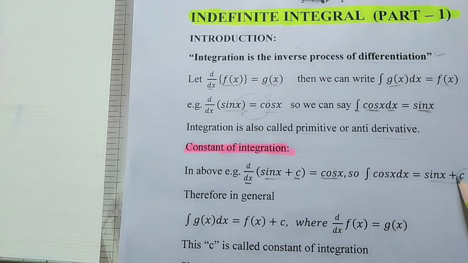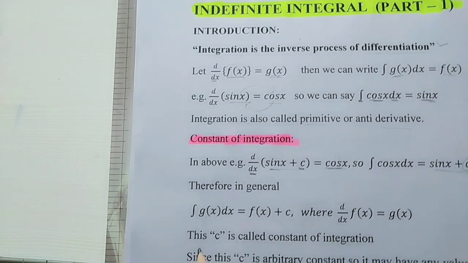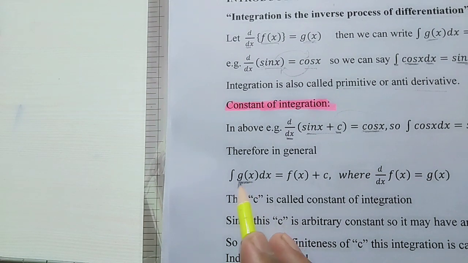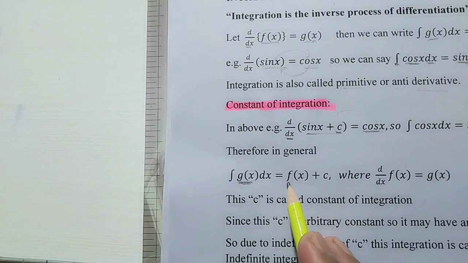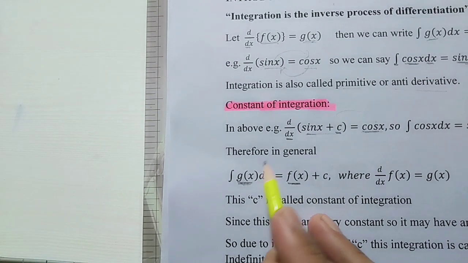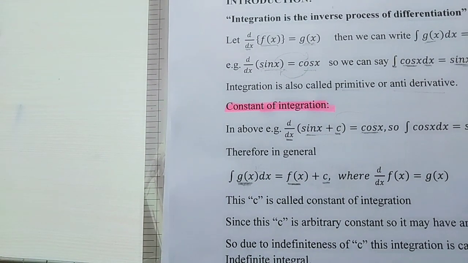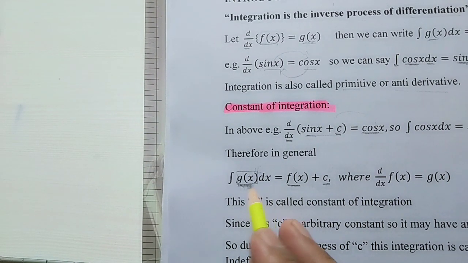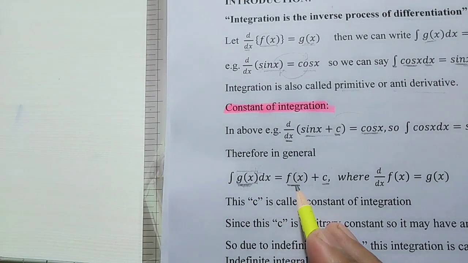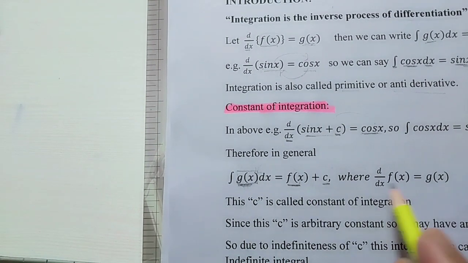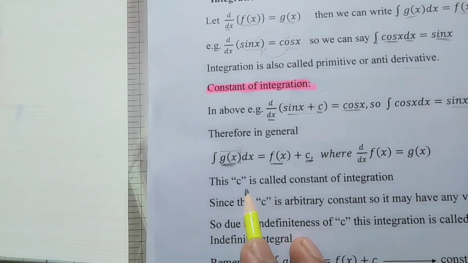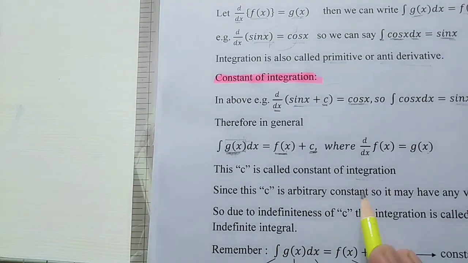In general, the integration of g(x) is equal to a function whose differentiation is g(x), with a constant, and this c is called the constant of integration.